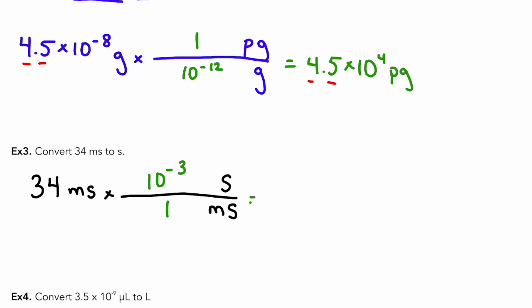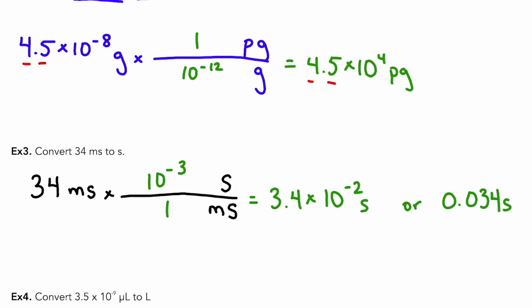And so you might end up with 2 different answers. You might end up with 3.4 times 10 to the negative second. That might be one answer you get. Just double checking myself on that, yeah. And my units are seconds. Or you could end up with 0.034 seconds.